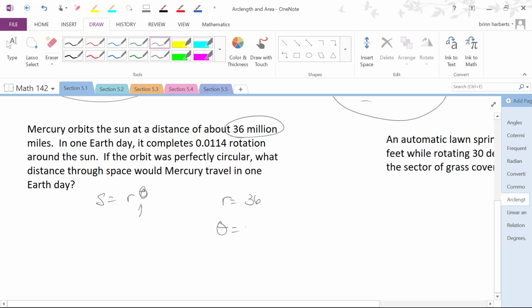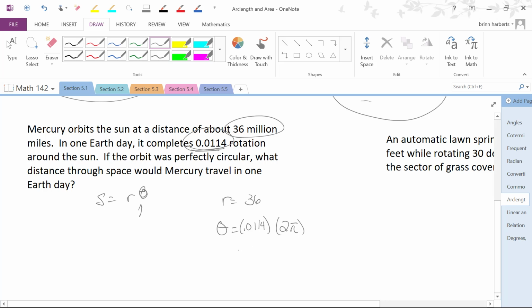Here's what I know. In an Earth day, it completes this much of an entire rotation. So that's a portion. That's not giving me the angle. I've got to figure out what angle I get if I go around this much of a circle. To figure that out, I'm going to say an entire circle is 2 pi, and I am going a piece of that: 0.0114 of 2 pi. Does that seem reasonable?